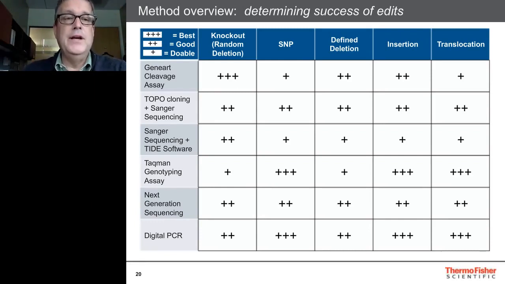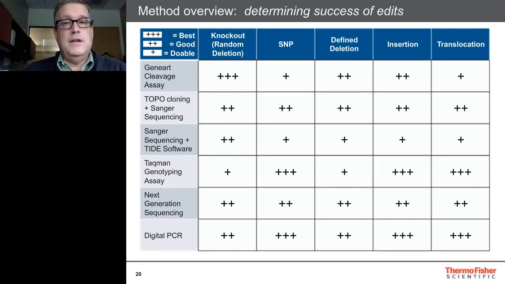On the other hand, the GeneArt cleavage assay is going to be great for determining your efficiency at producing random knockout mutations, but it's not going to be very good at determining whether or not you have a specific SNP present, because you're going to be operating in the background of all these other cleavage events that are present.